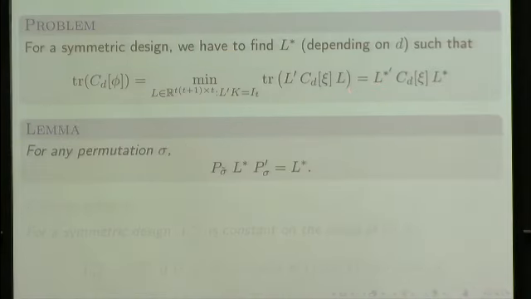Here we have a technical lemma which says that L star is invariant when you apply P tilde sigma and P prime sigma. This is for the permutation of the columns according to sigma, and this is the permutation of the rows of L according to tilde sigma.